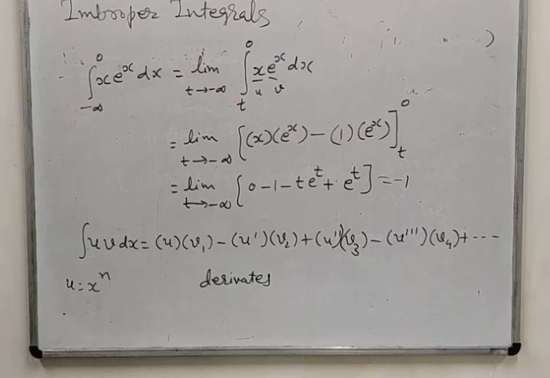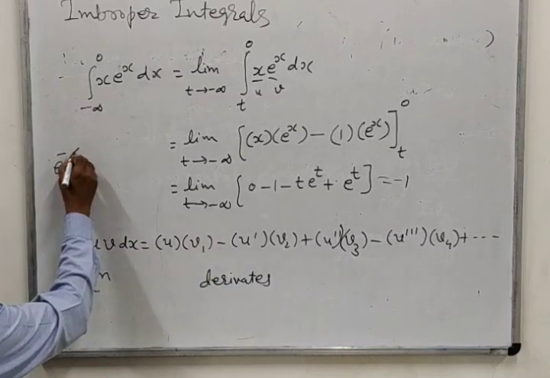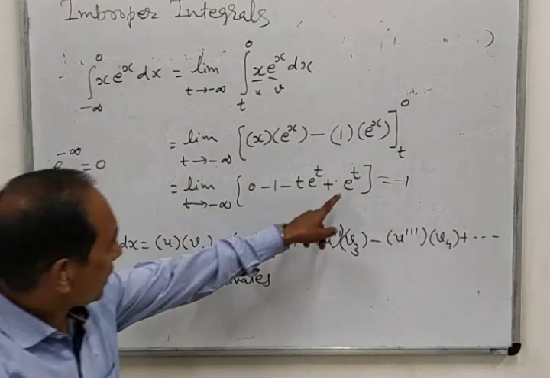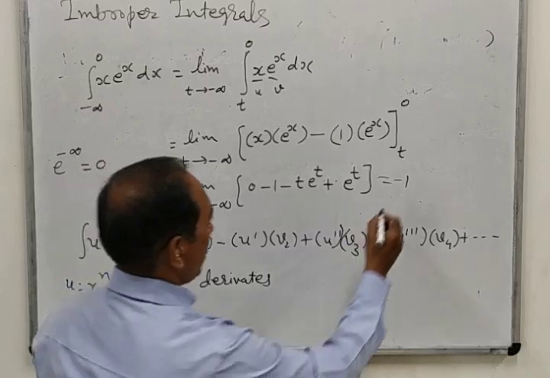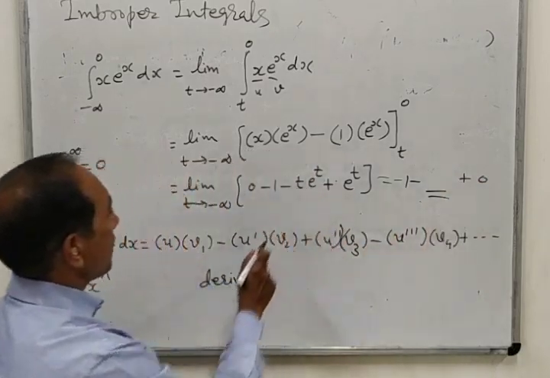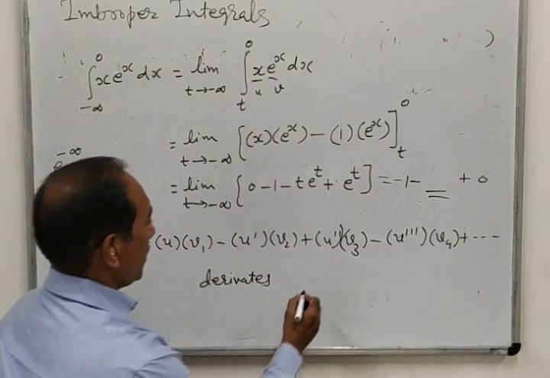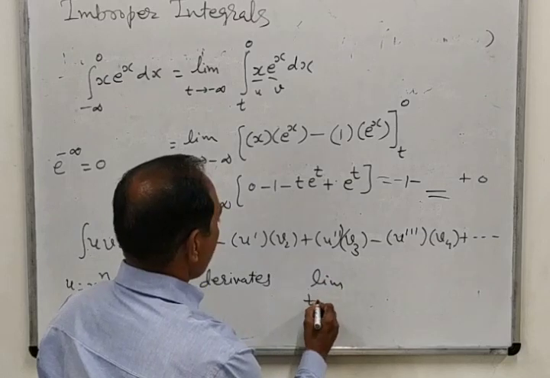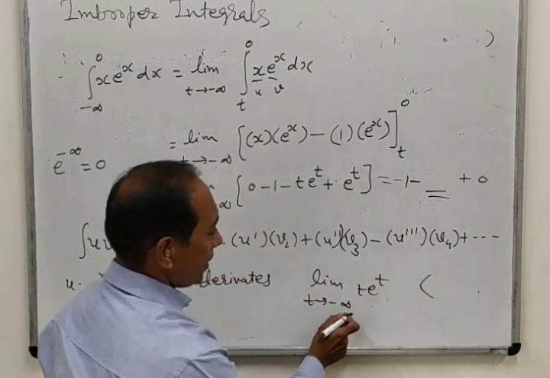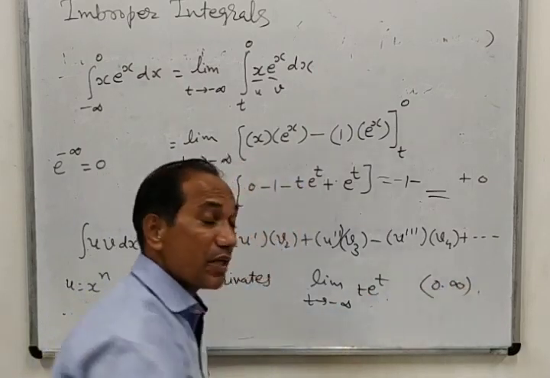You must note that e raised to minus infinity is always equal to 0, so this value is 0 directly. But what about this one? Because here t is minus infinity, it is t into e raised to t, and you can see that e raised to t is 0 and t is infinity, so it is of the 0 into infinity form.